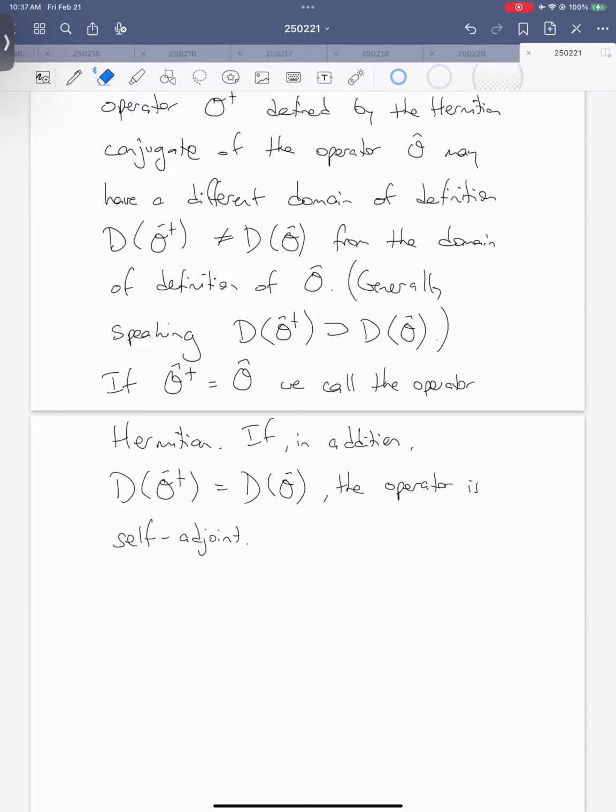So the point is that self-adjointness is a stronger restriction on the types of operators than just Hermitian. So any self-adjoint operator is Hermitian, not all Hermitian operators are self-adjoint. Good, great.